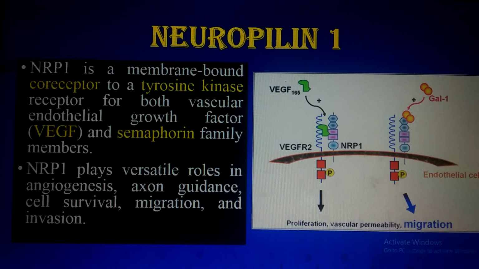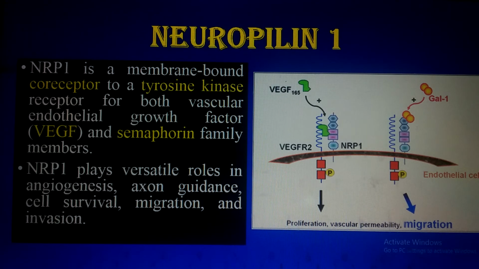It is a receptor for both vascular endothelial growth factor and semaphorin. I'm not discussing here the role of vascular endothelial growth factor, VEGF, and semaphorin. You must read about VEGF and semaphorin.